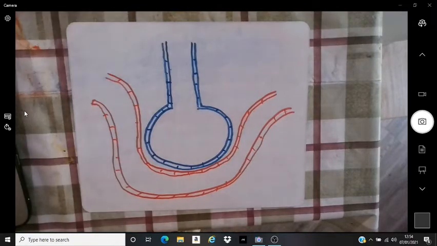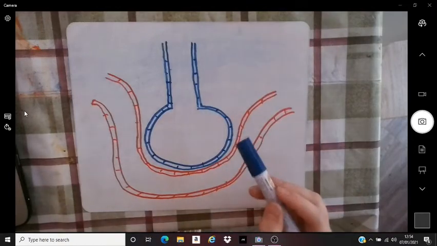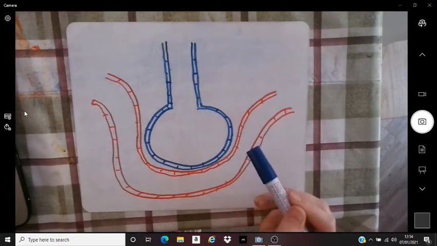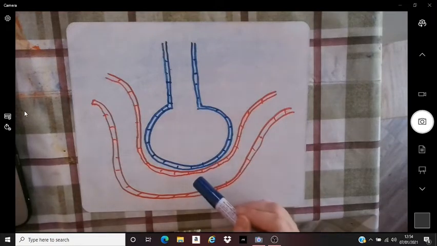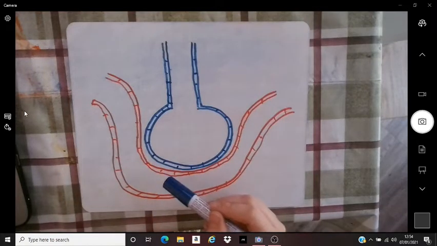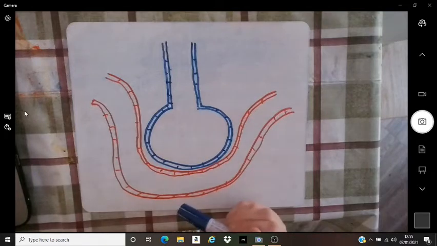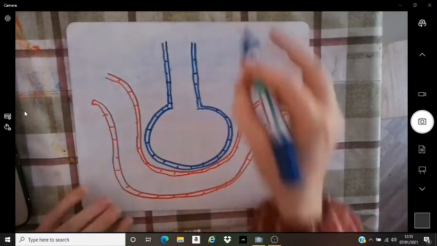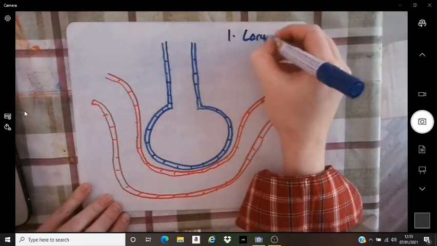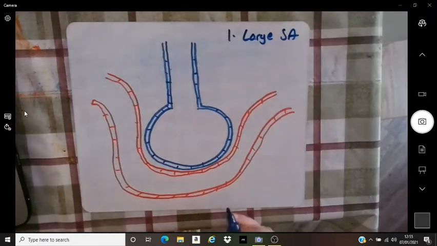Okay. So why is this exchange surface perfect for maximising diffusion of oxygen into the blood and maximising diffusion of carbon dioxide out of the blood? Well, number one, huge surface area.